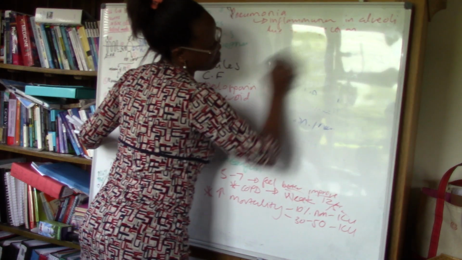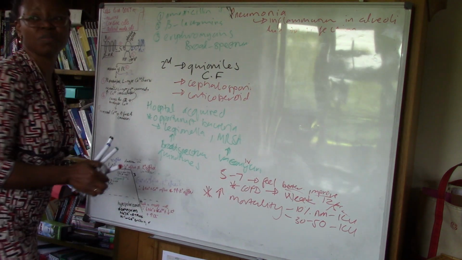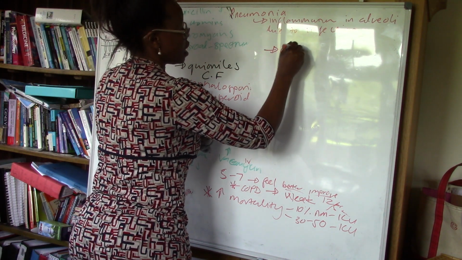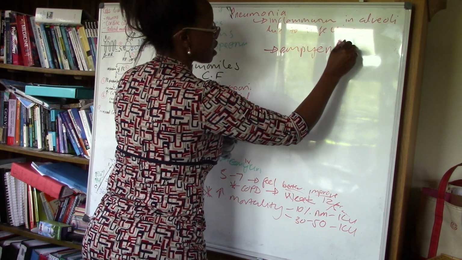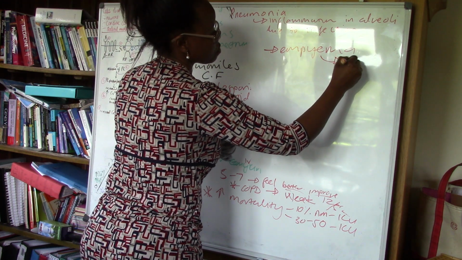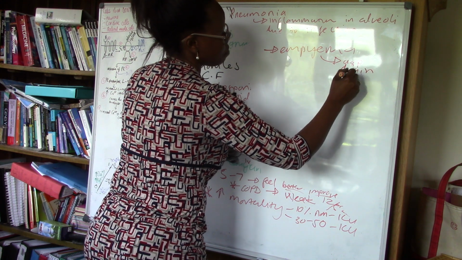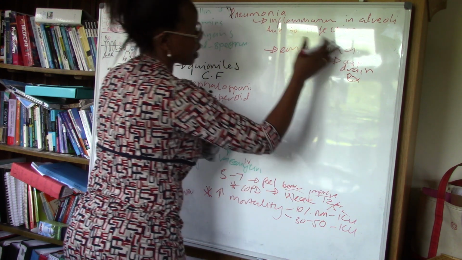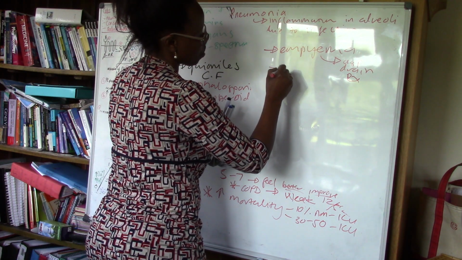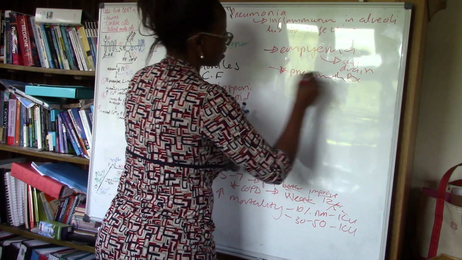However, it's possible to then have complications from that, and complications will be an empyema, which I've discussed. Again, it has to be aspirated, drained, and then given specific antibiotics. Pneumothorax, again, can occur. I've talked about that.